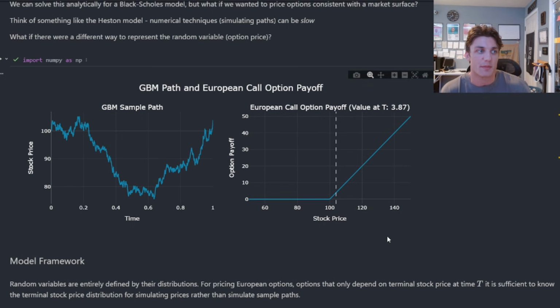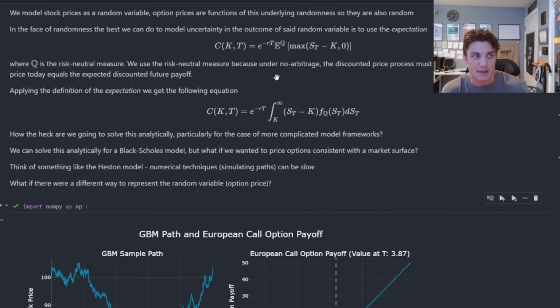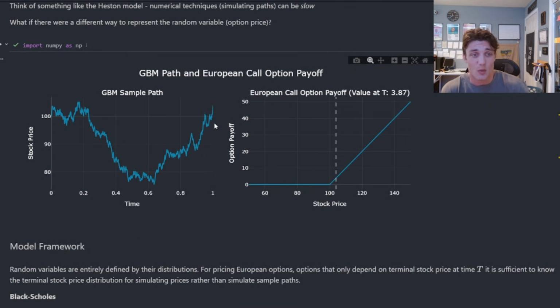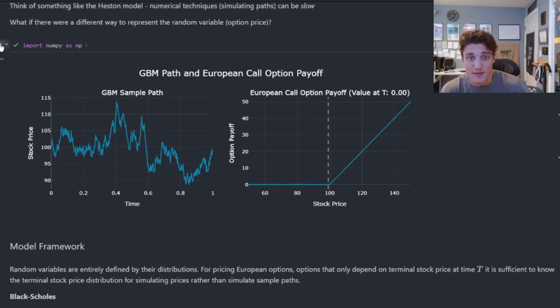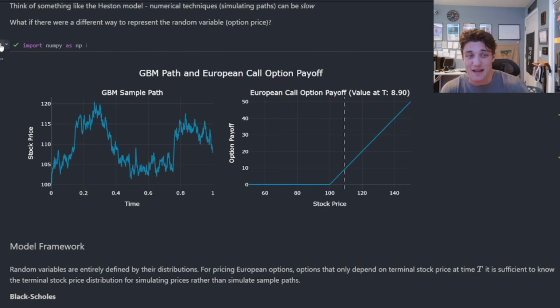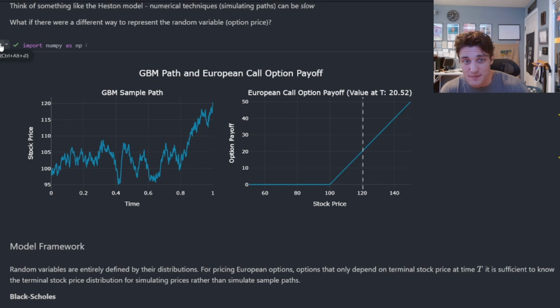I don't know where I'm going to be in the future. Well, remember, we're dealing with this expectation here. This is the equation that we need to solve to figure out the fair price of this contract. So what I can do is run this a whole bunch of times, maybe 10,000, 50,000, 100,000 times.